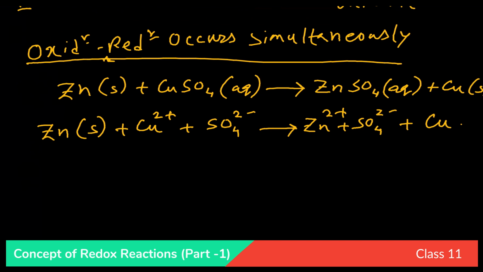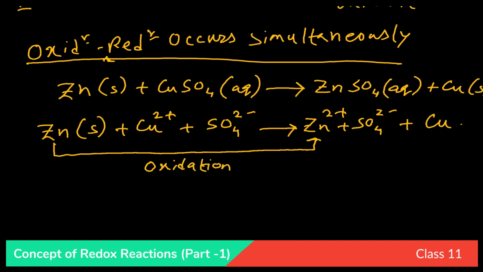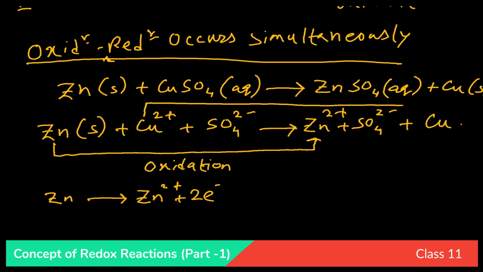Now, if you see carefully, zinc has lost its two electrons to form Zn2+ ions. Okay, that means zinc to Zn2+ ion, this is oxidation. Why? Because it has lost two electrons. I can write in this way, that is zinc, it has lost two electrons to produce Zn2+. Okay, so this is the oxidation reaction. And if you see that this copper Cu2+, this gets reduced to metallic copper.